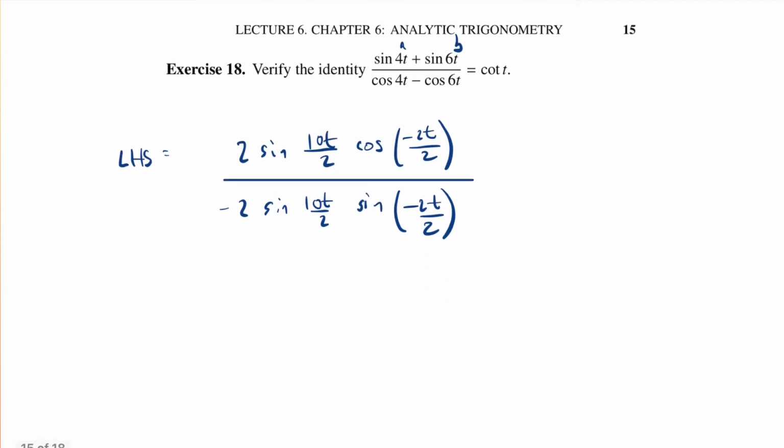All right, well, notice that these cancel because they're exactly the same. That becomes negative 1. And now we have cosine over sine, which is cotangent, negative cotangent, of the 2's cancel. So we have negative t.